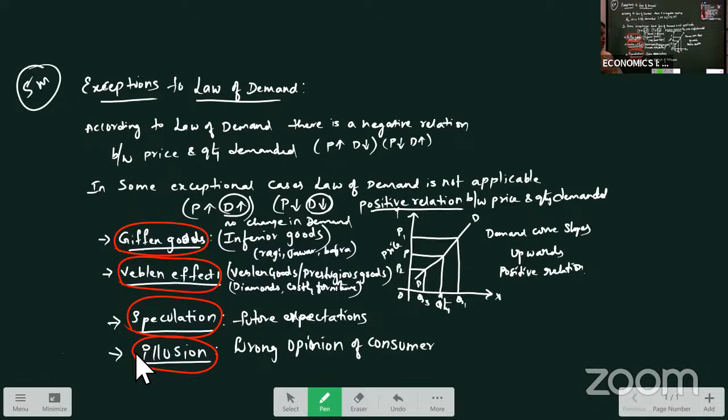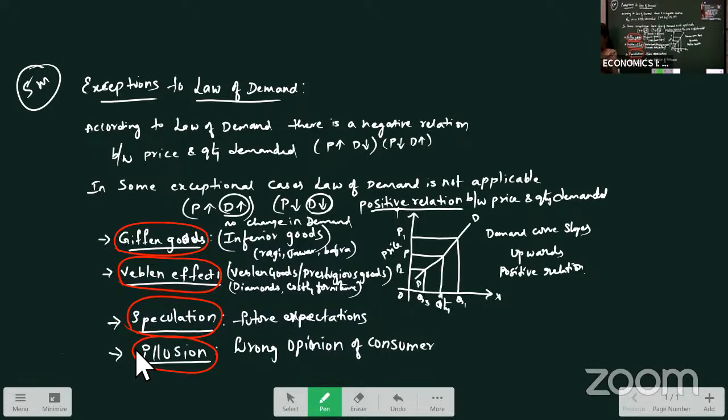After these exceptions, we are going to discuss a few more topics, income demand, cross demand and all. Just go through this once.